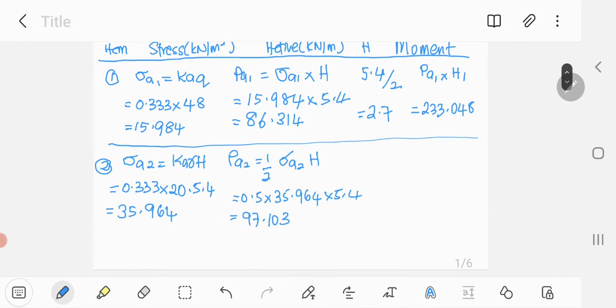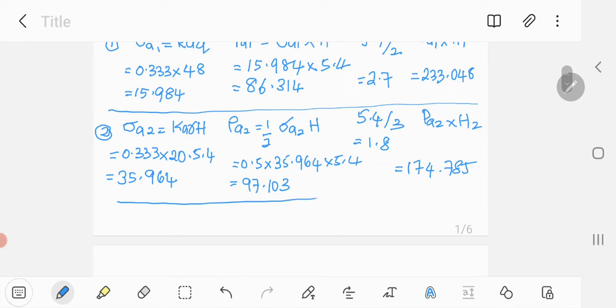So when you calculate, that will be 5.4 divided by 3, you get 1.8. Again you need to calculate the moment for item number 2, that will be PA2 times the position. That will be 97.103 times 1.8, you get the value of 174.785.